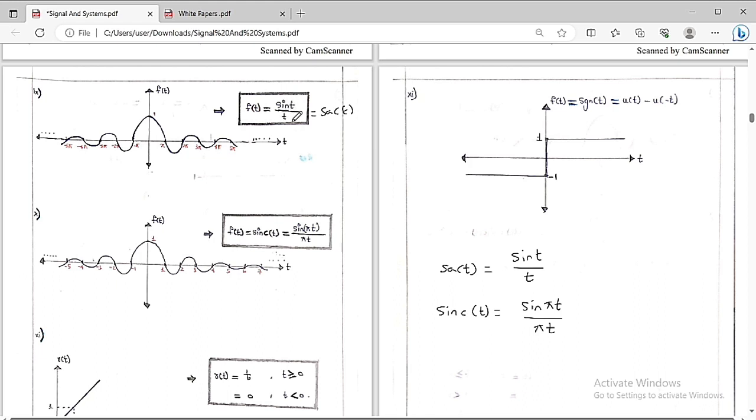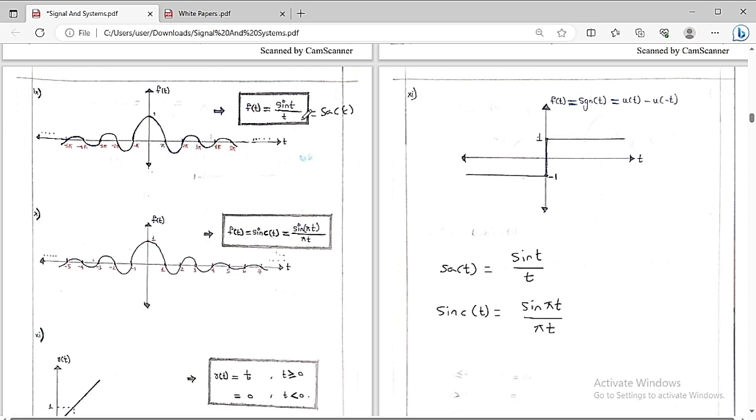The overall function is equal to 0 because the numerator is 0 and the denominator is not equal to 0. So at t equal to n pi, where n can be integers, plus or minus 1, plus or minus 2, plus or minus 3, the function has zero values: at plus or minus pi, plus or minus 2 pi, plus or minus 3 pi, the magnitude will become 0.